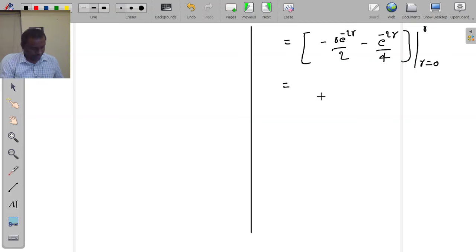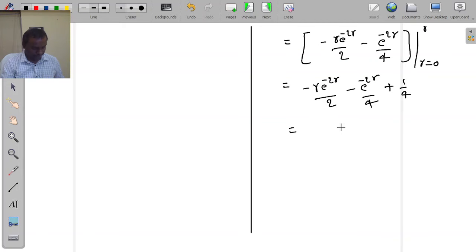When you substitute 0 to r, it will become minus r e power minus 2r by 2 minus e power minus 2r by 4. This is the upper limit, minus the lower limit. When you substitute the lower limit, it will become minus 1 by 4. Minus of minus 1 by 4 will become plus 1 by 4.